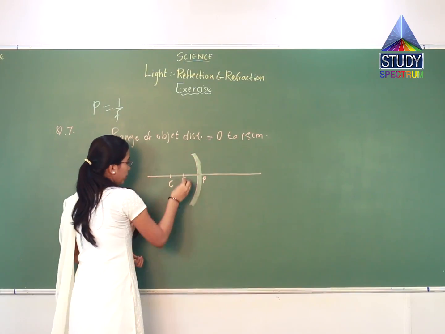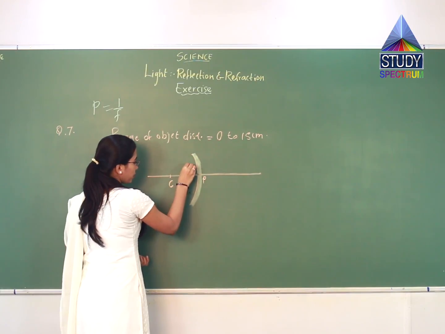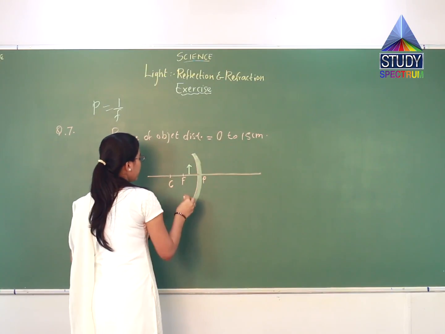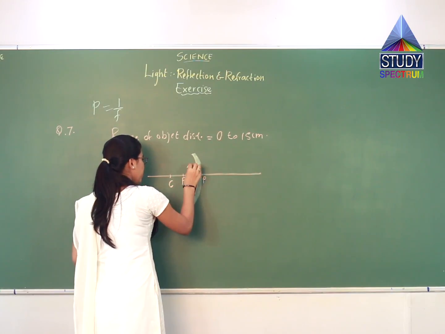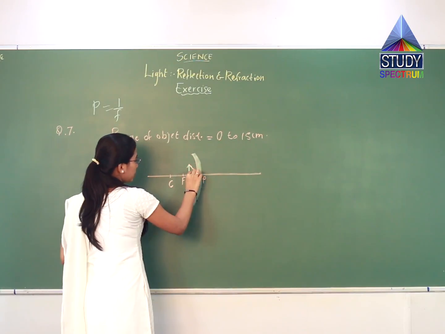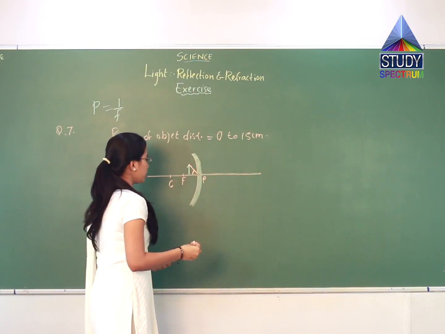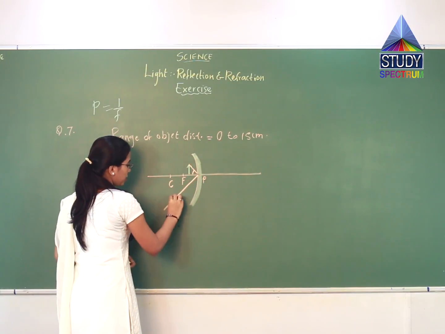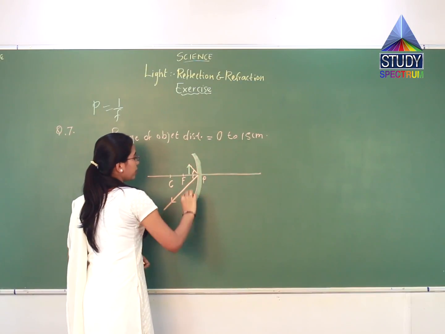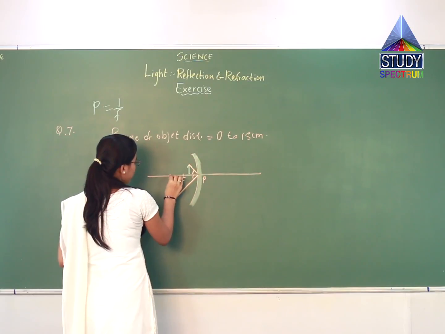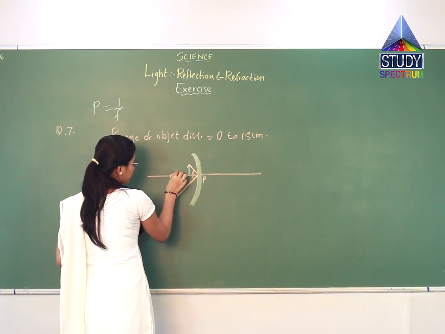So here we will place the object like this. Then you will see that one light ray will be incident at the pole. Whatever is the angle of incidence here, with the same angle it will get reflected on the same side. Then again one ray will travel like this.